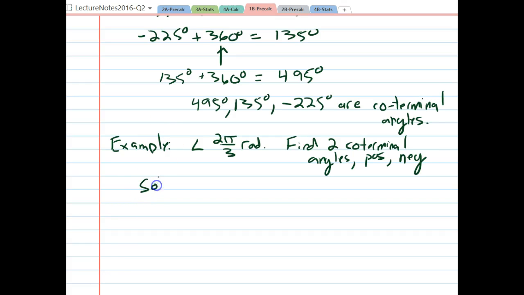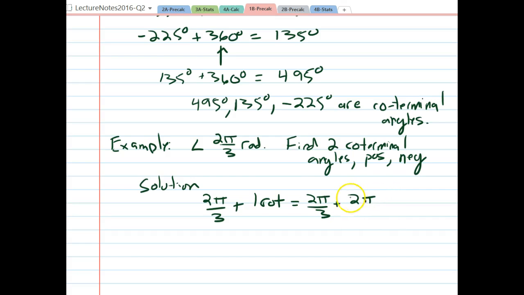All right, let's see what our solution is here. So 2 pi over 3. What I'm going to do to find my positive coterminal is I'm going to add one rotation. That's basically what we're doing. We're adding one rotation, which is to add 2 pi radians.